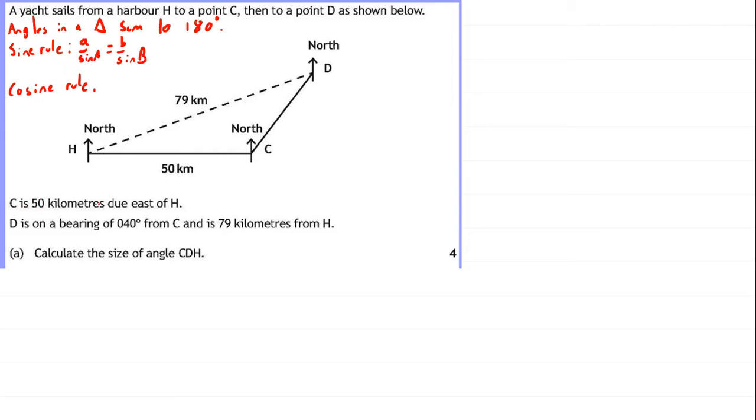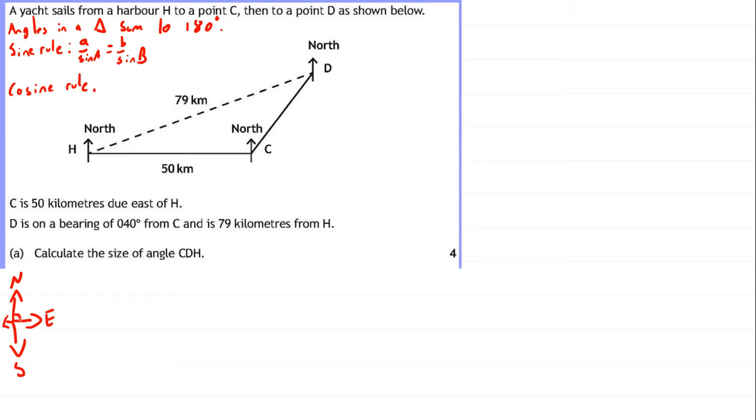C is 50 kilometers due east of H. So what that means is we've got C here, we've got H here, and this line is east, and it's exactly east. Now, if you think about a compass, I've not left enough space for west there, but you've got north, east, south.